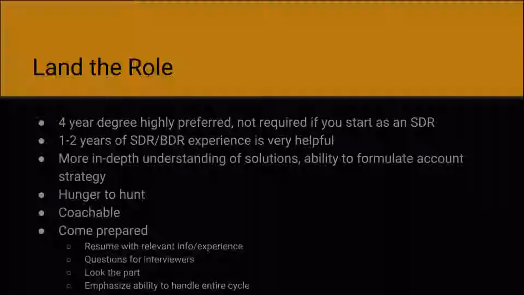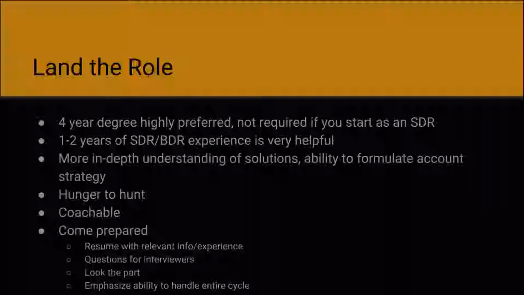But if you do have sales development experience, then that might help you get in the door. 1 to 2 years of sales development or business development experience is going to be extremely helpful for you in this role, because it does take a lot of the concepts that you have learned while doing those positions and then expands on to the full cycle side of things. So you're going to be able to take the lead generation portion of it and then advance that into full cycle selling.